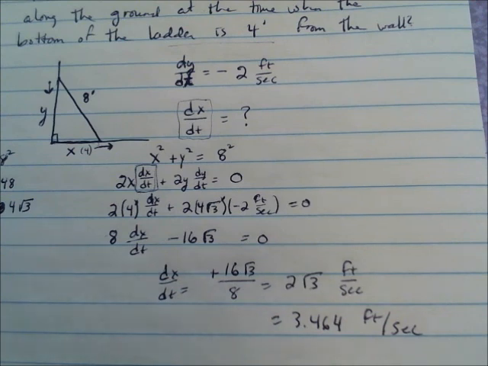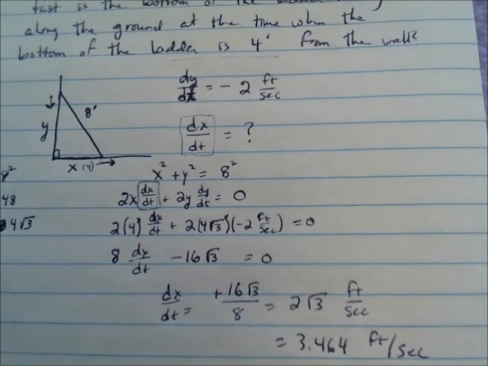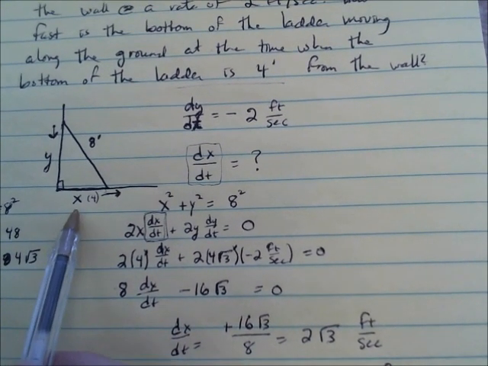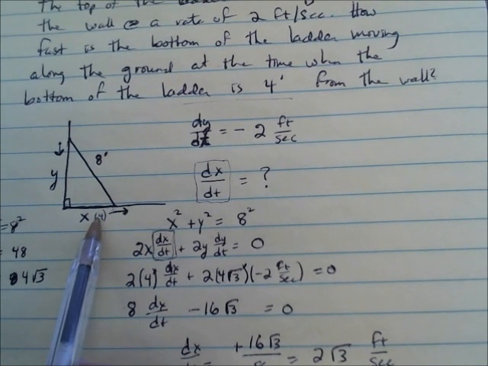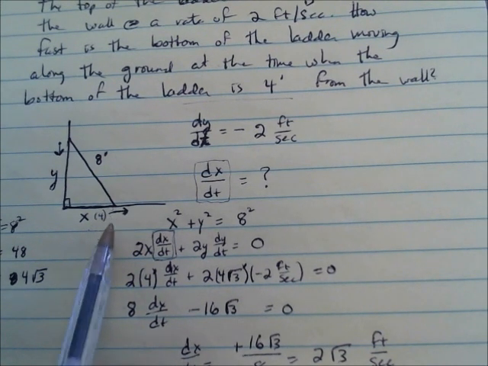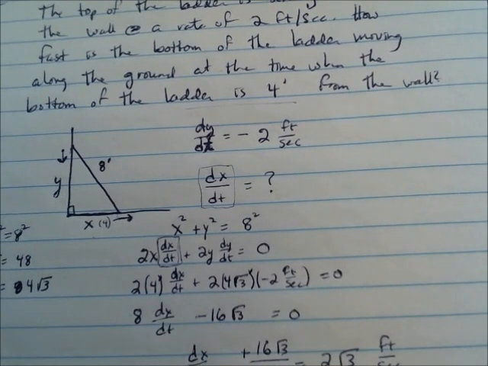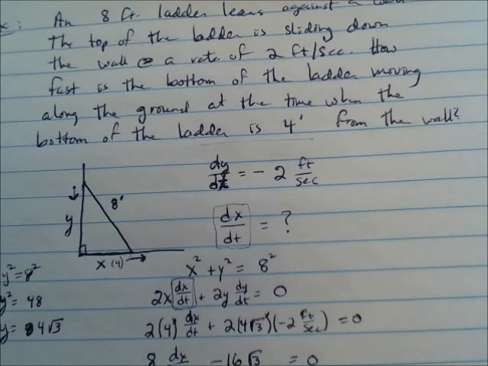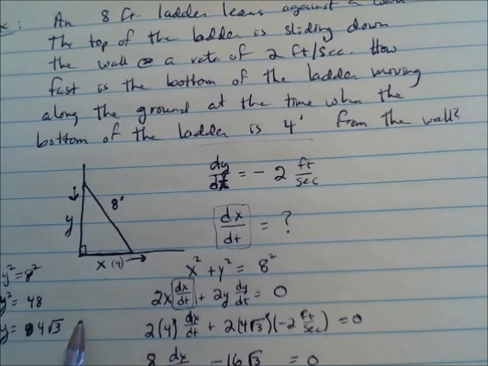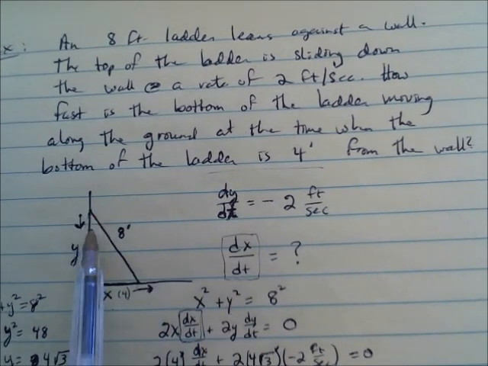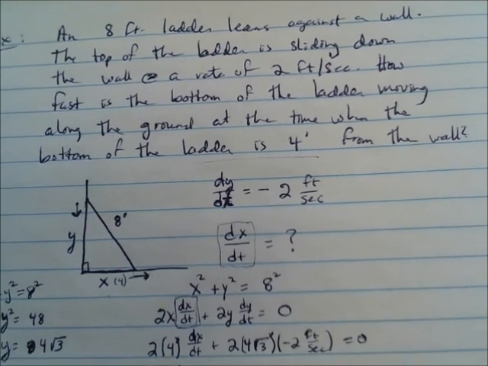And that's when x is equal to 4 feet. Well, if you wanted to find the rate of change of the ladder at any other distance, if you wanted to put x equals 5 or 6 or whatever, you just have to recalculate y and substitute an x and a y in there. But this is a positive value, remember, because x is increasing, and this dy/dt was a negative value because y is decreasing.